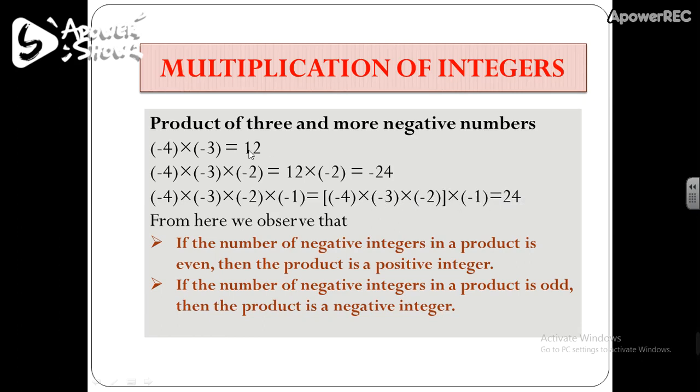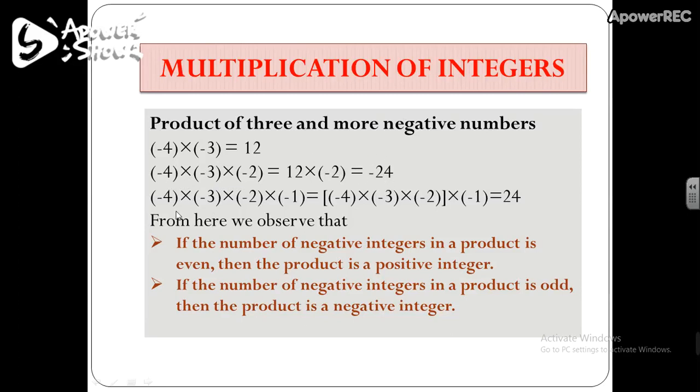So from here we see that when we multiply two negative integers, the answer we obtain is a positive integer. When we multiply three negative integers, the product is a negative integer.